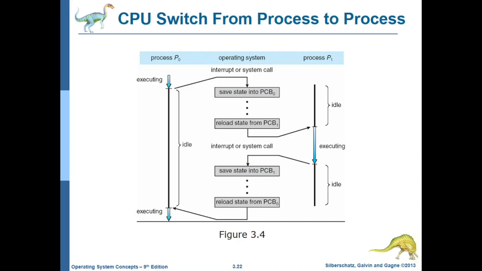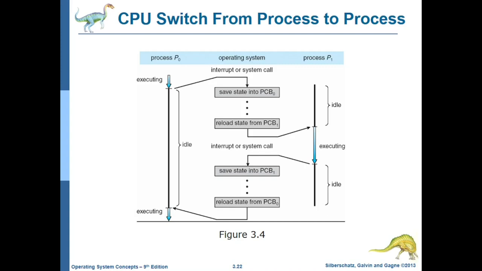Figure 3.4 shows an example of a context switch between two processes, P0 and P1. The CPU is executing P0 until it encounters an I/O request. The CPU then saves the state of P0 in its PCB, or process control block, and loads the state of P1 from its PCB.